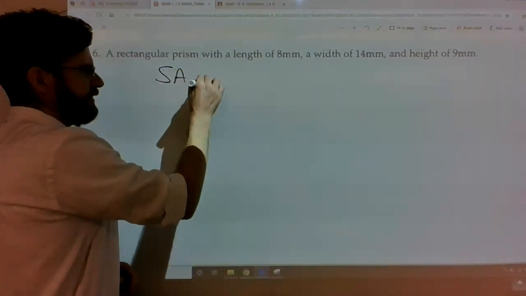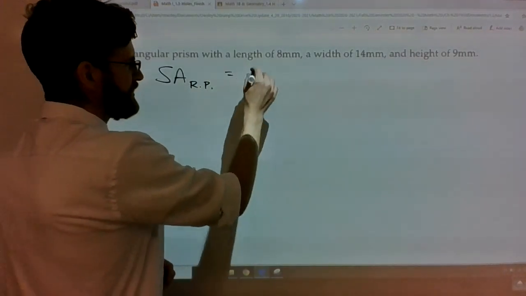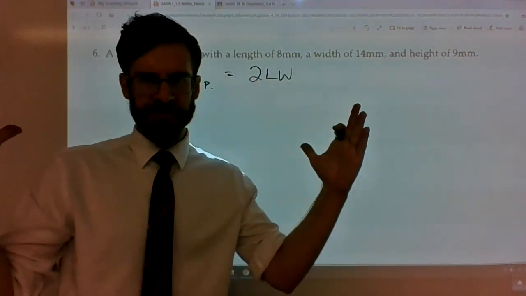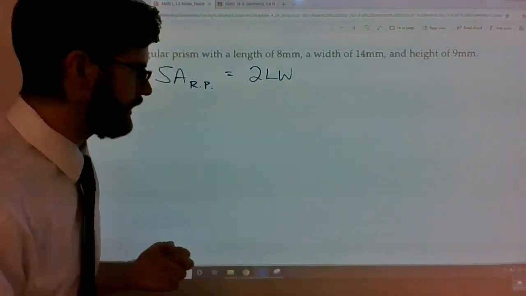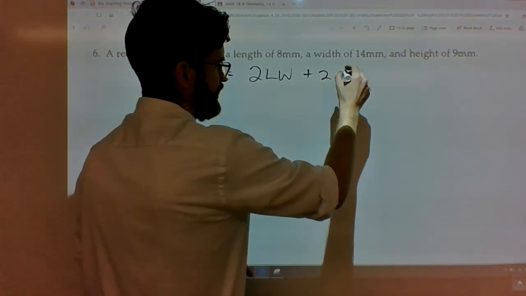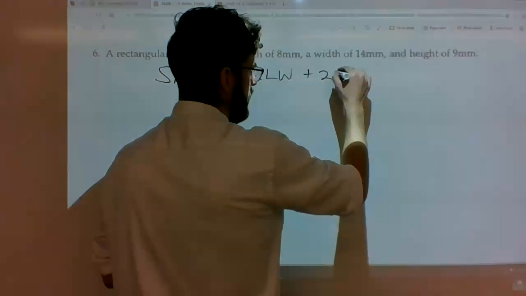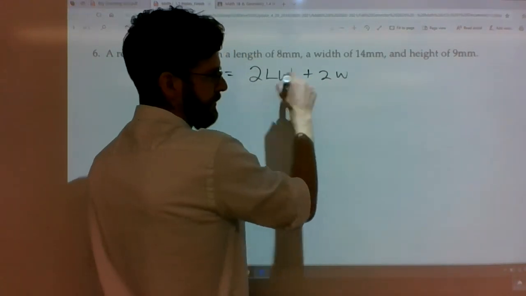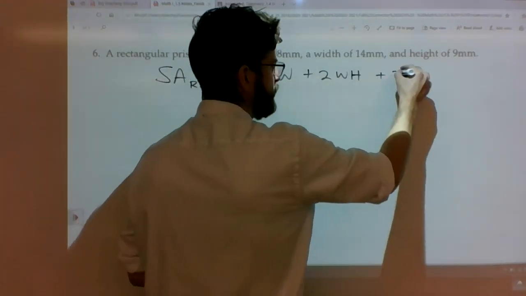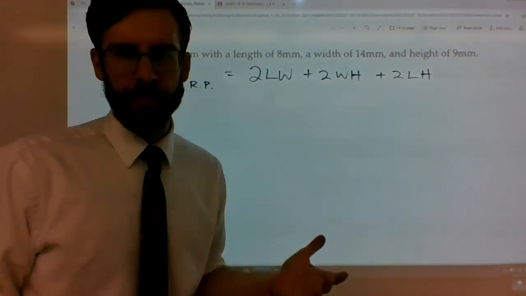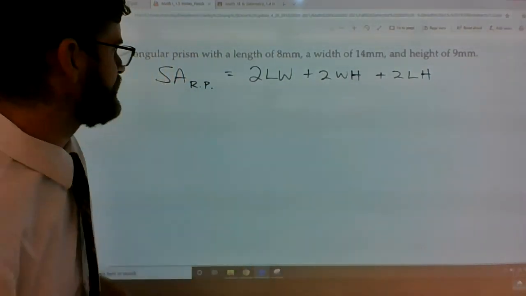You basically double the length times width. It's kind of like the two sides have areas that are rectangles. But then you double the top and the bottom, which is 2, well, not 2WH. That would be the top and the bottom. 2WH and then 2LH. That's the formula for the surface area of a rectangular prism.